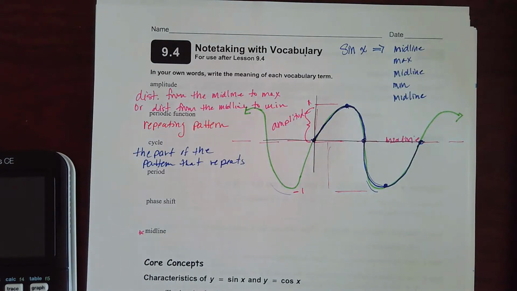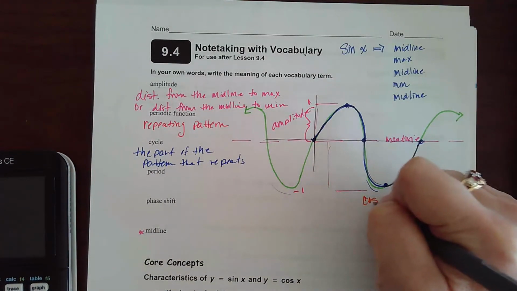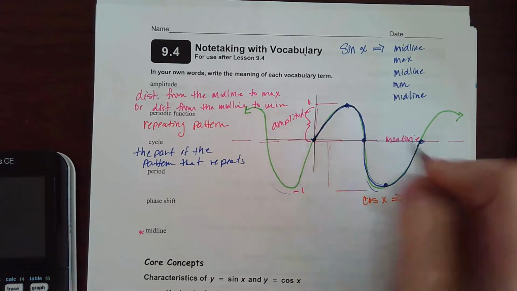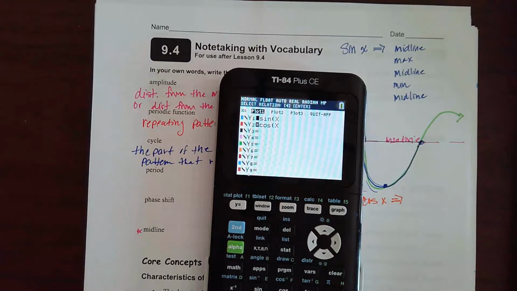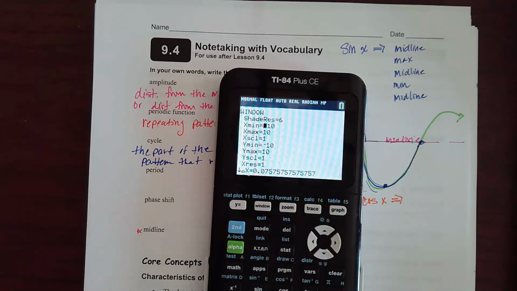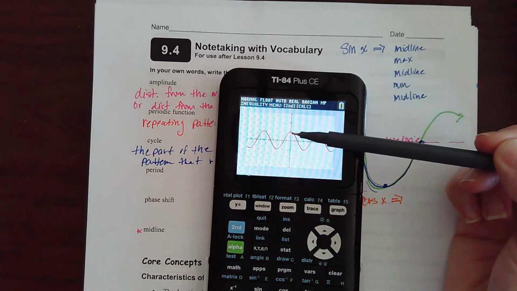A cosine function is very similar. I'll write cosine down here. Except if you remember, when we looked at the cosine function, let me just show you on here. I'm going to change my y scale so you can see it a little better. All right, so this is your cosine function. Notice that if you're looking at the origin, it starts at a max.